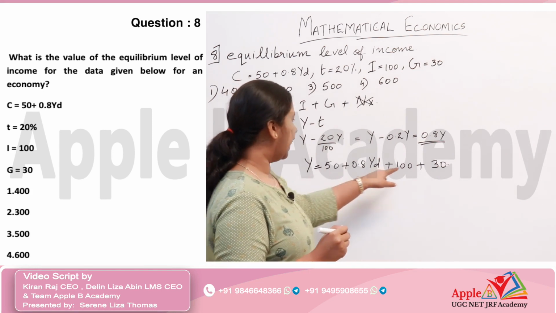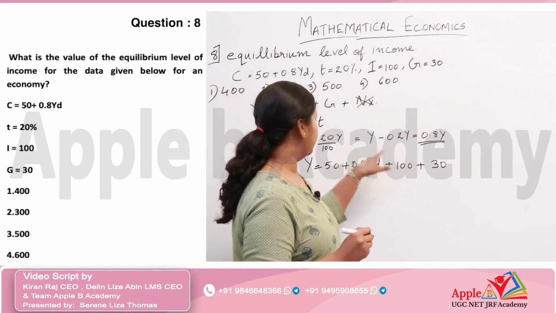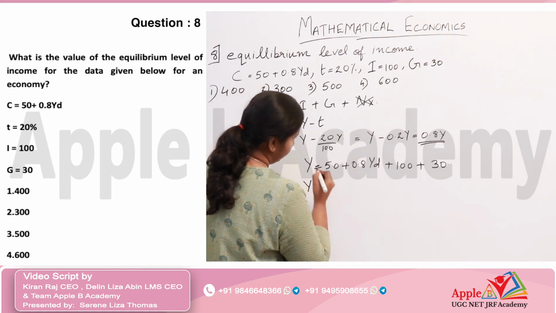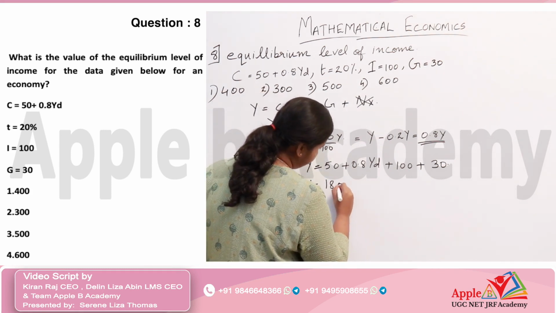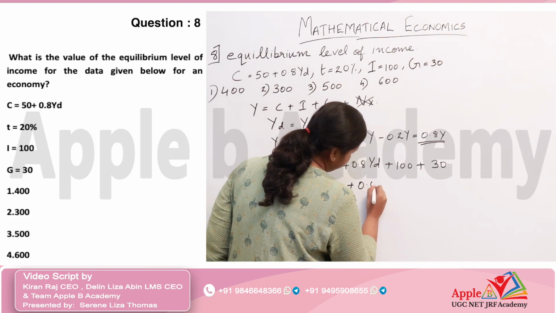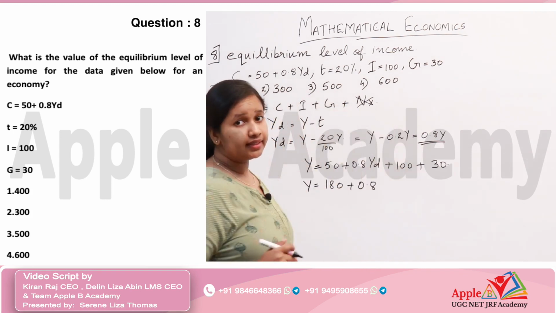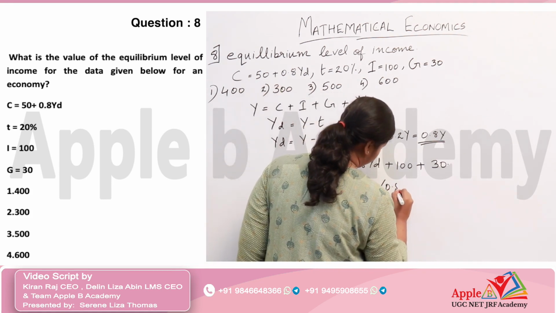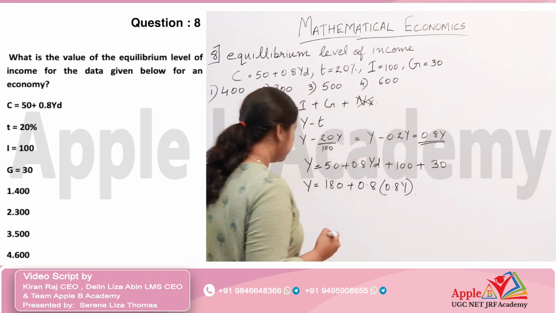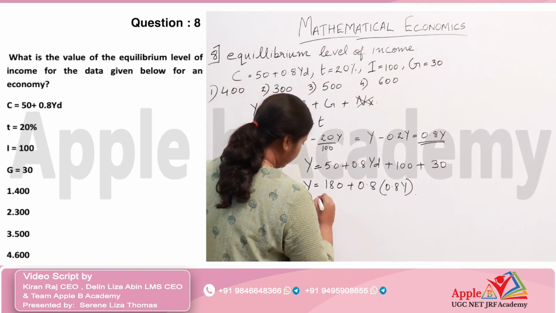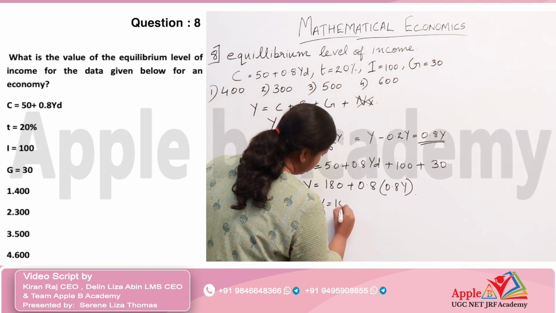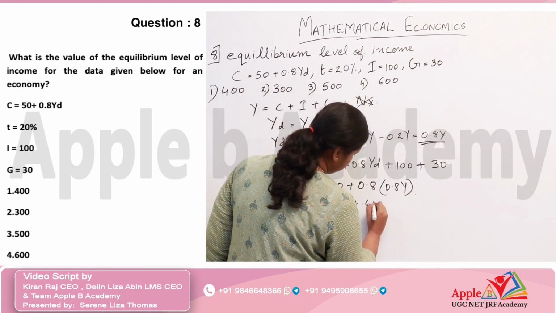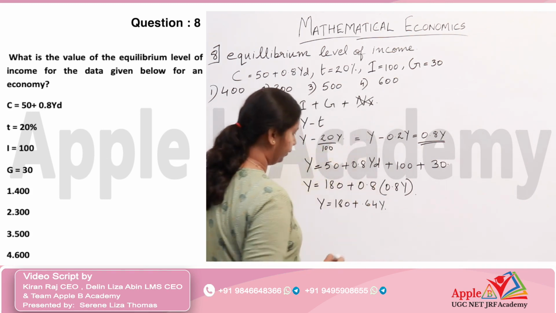Okay. So, adding these three, 100, 50 and 30, we get Y is equal to 180 plus 0.8 into YD. YD is 0.8 Y. So, we have Y is equal to 180 plus 8 into 8, 64. So, 0.64 Y.